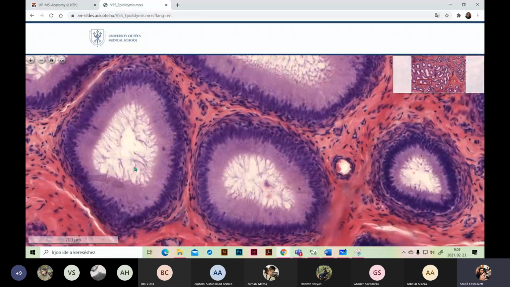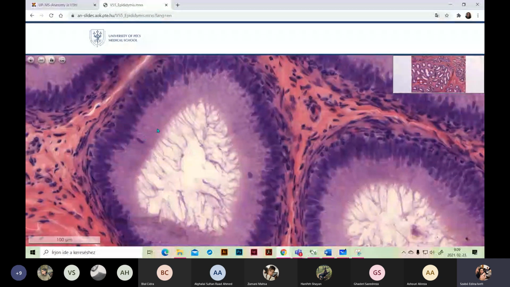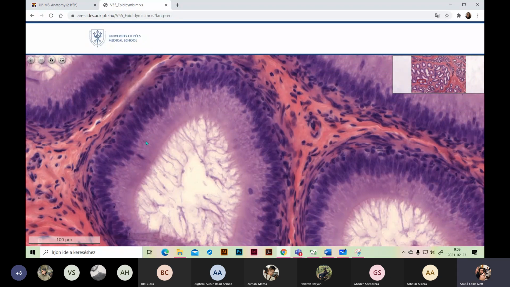Not really. It's a nice one, because if we see the surface epithelium, which type of epithelium do we have here? Pseudostratified. How do you know it's a pseudostratified columnar epithelia? Because of the reserve cell.